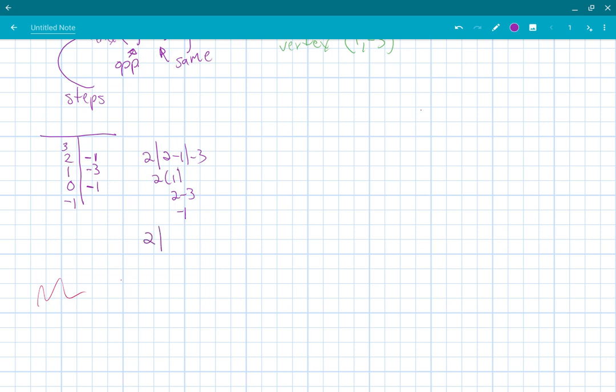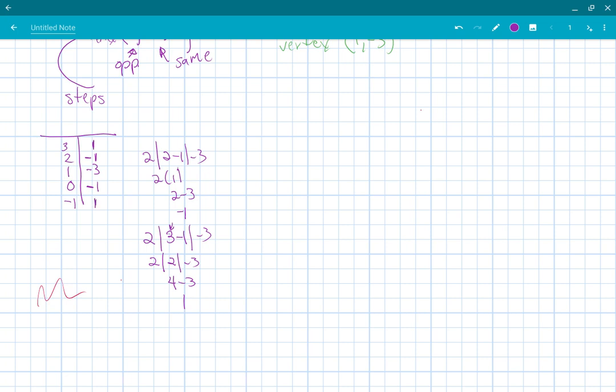Yeah, 3 minus 1 is easier, right? So then you plug it in. There's going to be 2 times 2, because 3 minus 1 is 2, and the absolute value of 2 is 2. That's 4. This becomes 1. So the answer is 1, and this answer is also 1.